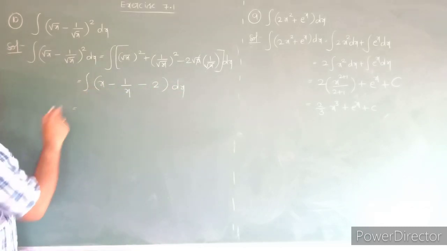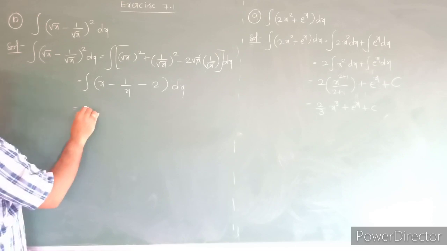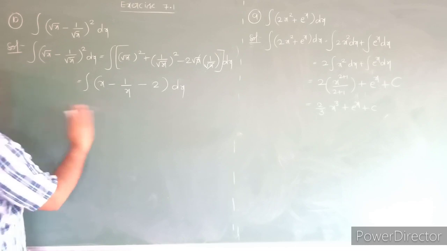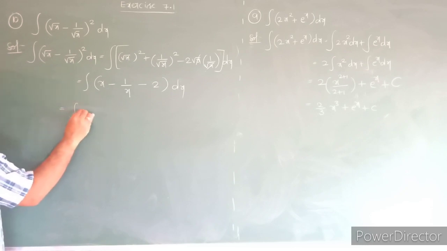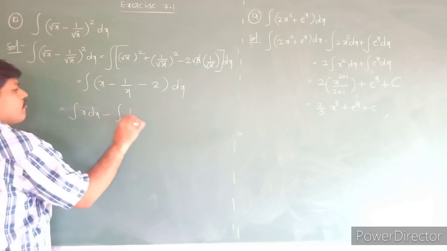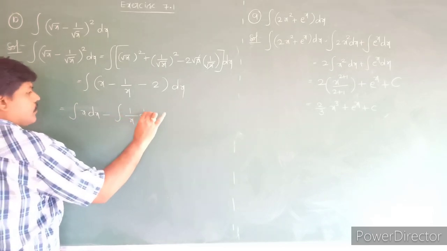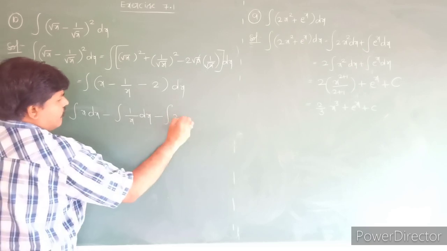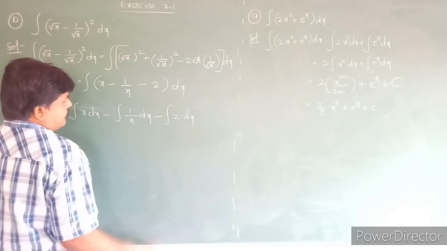So what is the integral of x? We can separate the terms once again. That is equal to integral of x into dx minus integral of 1 by x into dx minus integral of 2 into dx.